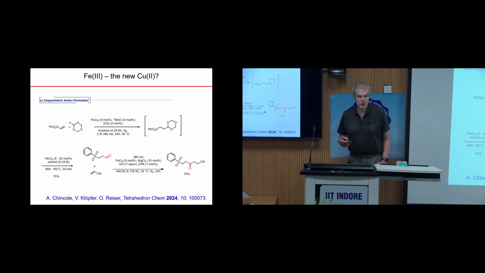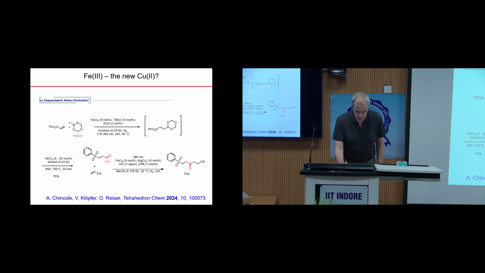And then we actually could do both processes together. So we could first do a hydroformylation, generate an aldehyde by using the trioxane. We showed this on the vinyl sulfone here, and you can see we're doing this reaction, the photoreaction with iron. Then we deprotect with iron to generate the aldehyde.